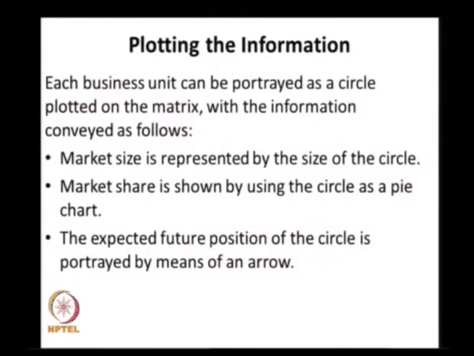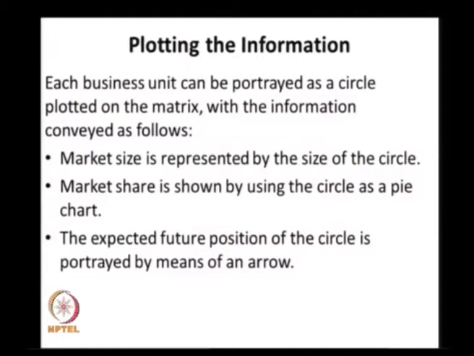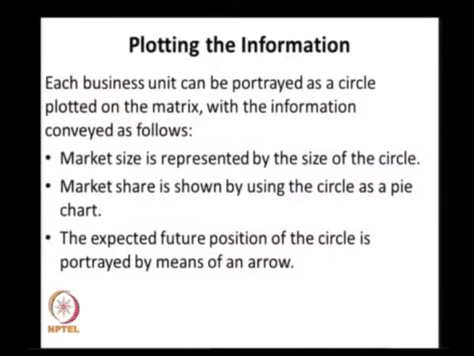What it means is, the size of the circle represents the market size, and the market share is shown by the pie in the circle, and the expected future position, you see an arrow here, is portrayed by means of that arrow. So, it actually forecasts the future position of that particular strategic business unit.